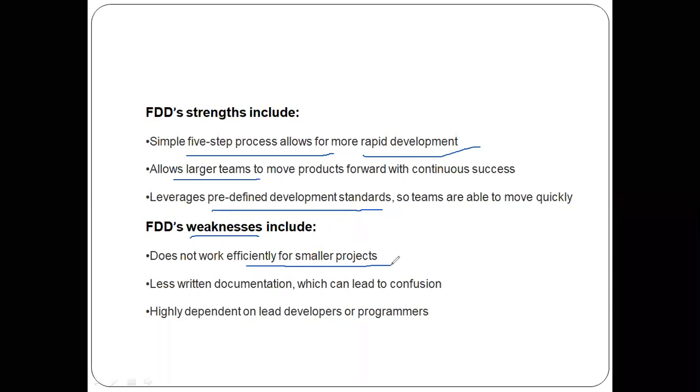If you want to construct big buildings, then we need the support of many people. If you want to construct only one room or two rooms, in such a case, do we go for engineers to construct such rooms?